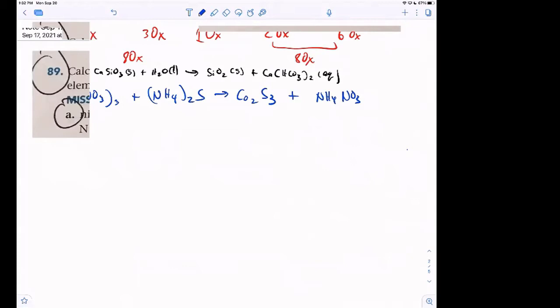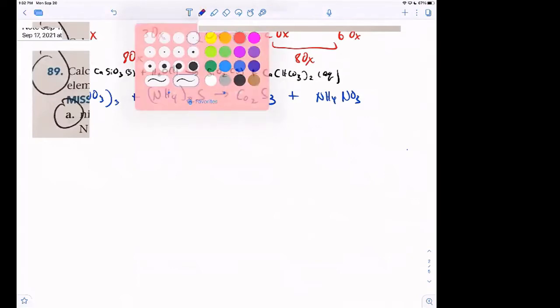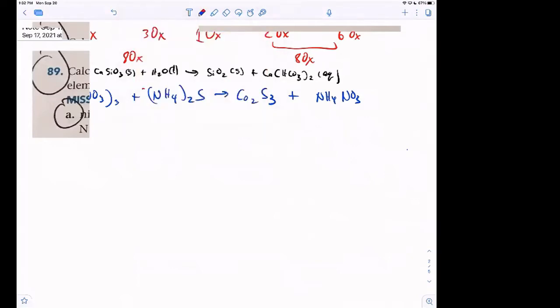Since I've already identified that, I can go ahead and look at that going forward. So cobalt and nitrate. By the math logic, I'm going to put 2 and 3 here, and then that's going to be 6. Now I have to balance the rest of the atoms.